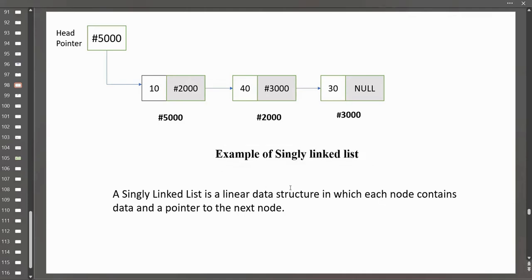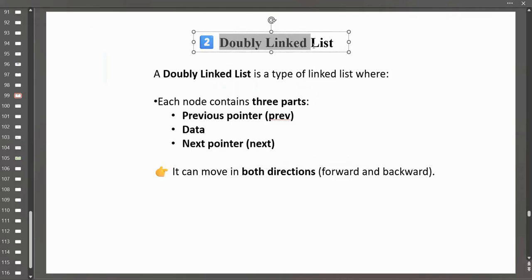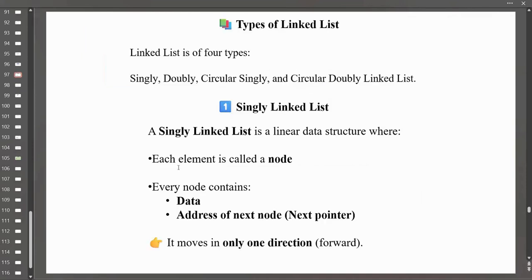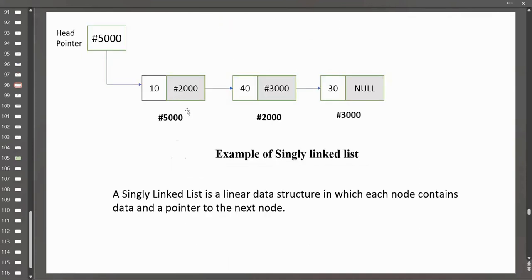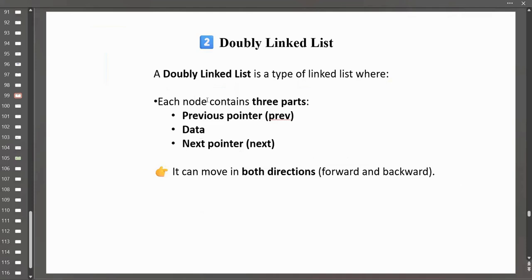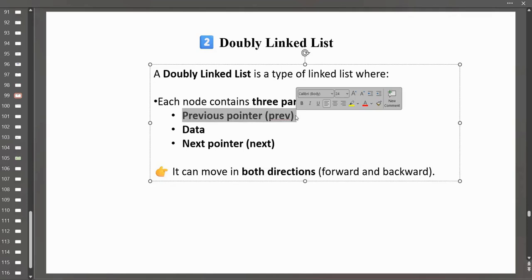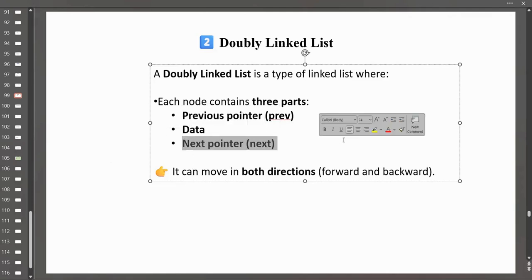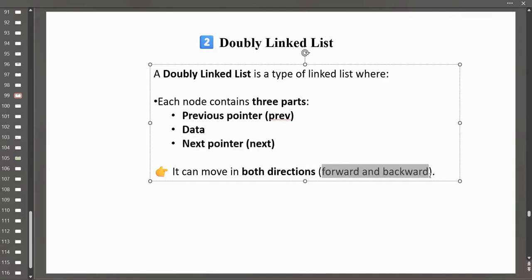Now next we have the doubly linked list. What is a doubly linked list? Basically, it has 3 parts. Earlier in a singly linked list we only had 2 things: data and the next node address. But here we have 3 parts. First, the previous pointer, where you store the previous node address. Then the data, that means 10, 20, 30, 40, whatever. The next pointer stores the next node address. So this can move in both directions, forward and backward.